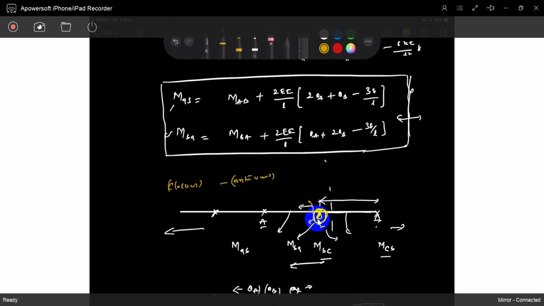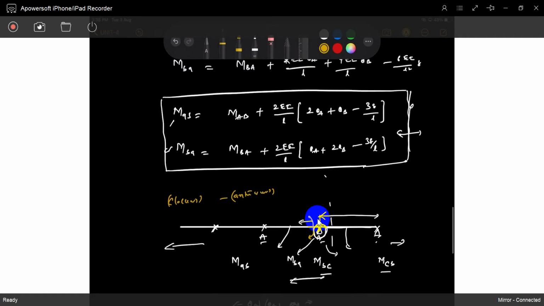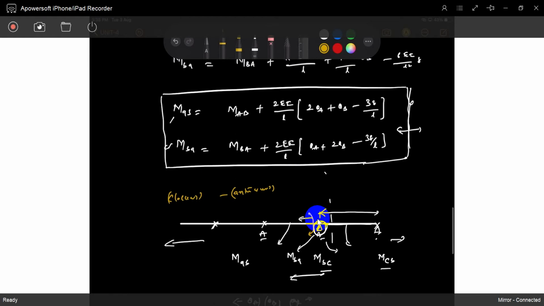So MBA you experienced maybe, finally you will get some moment. If you just observe it, MAB, MBA, you will get some clockwise moment like this. For this, you will get like this.